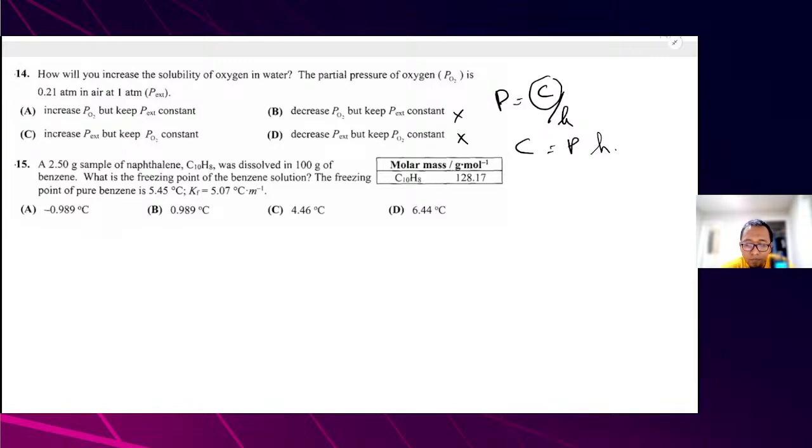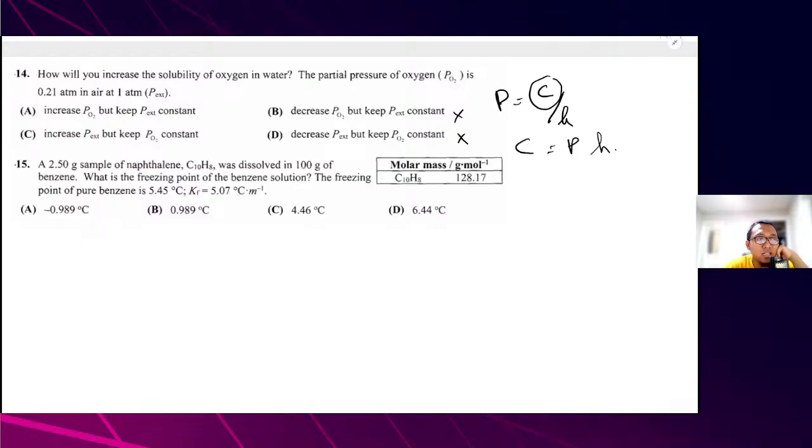One atm. Okay, so we need to increase the oxygen solubility.